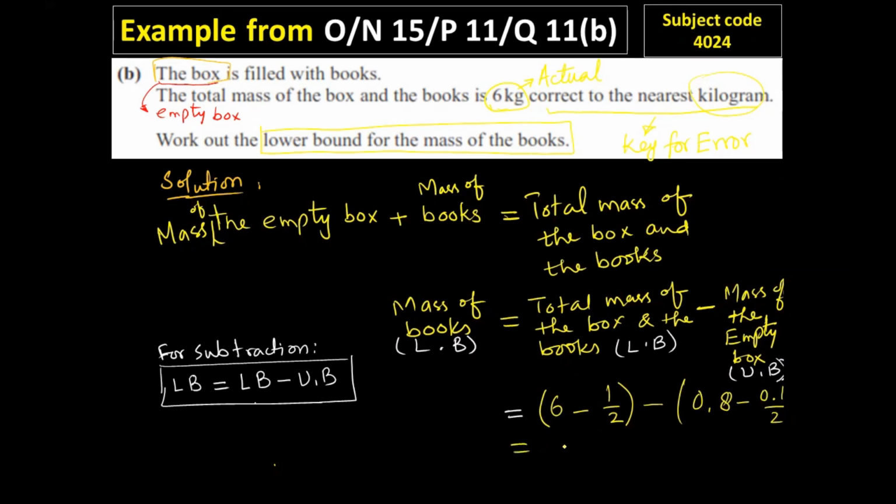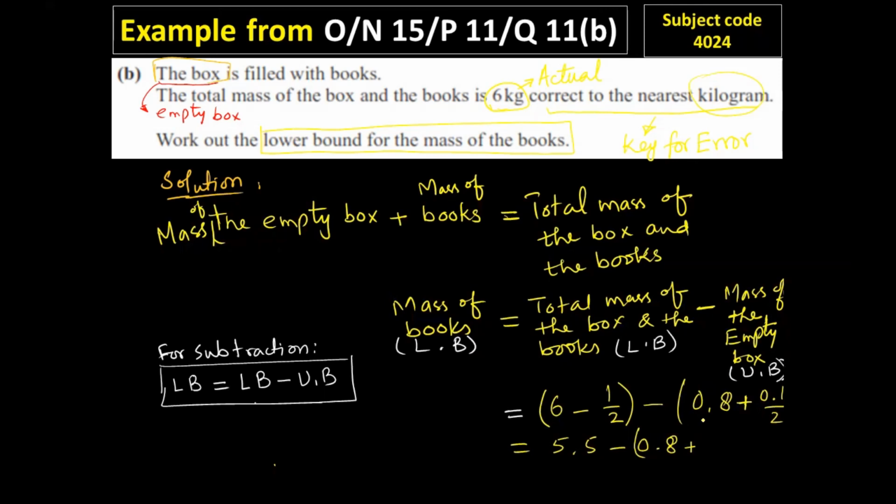So 6 minus 0.5 will be 5.5. And sorry, this is upper bound, so this is a positive sign: minus 0.8 plus 0.1 over 2.